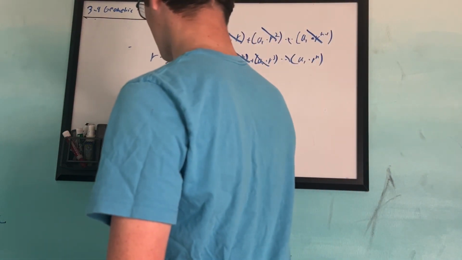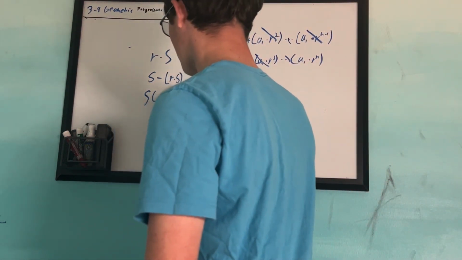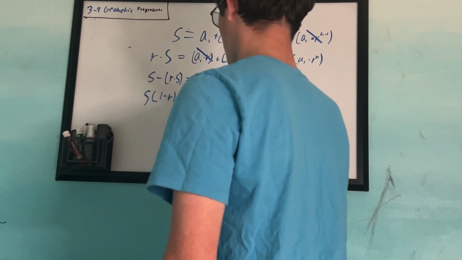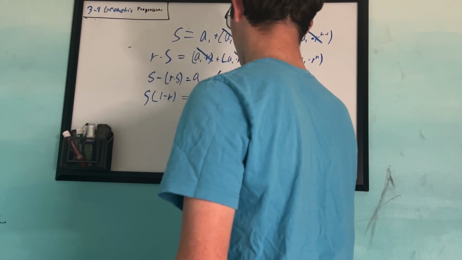Then we can say S, factoring out the S, times 1 minus R equals A1 minus A1 times R to the n.